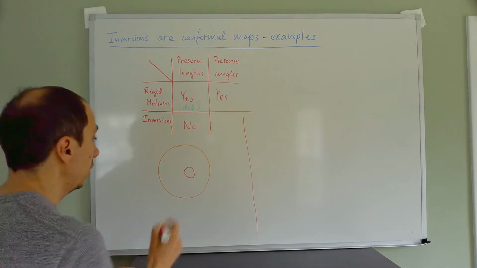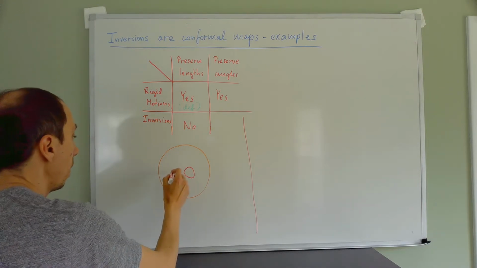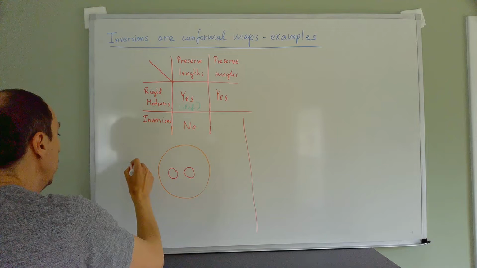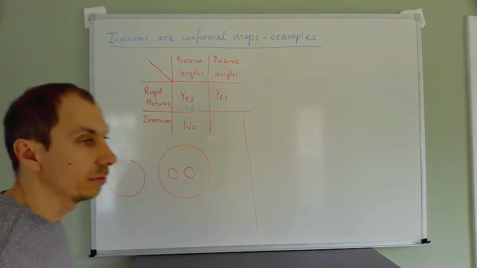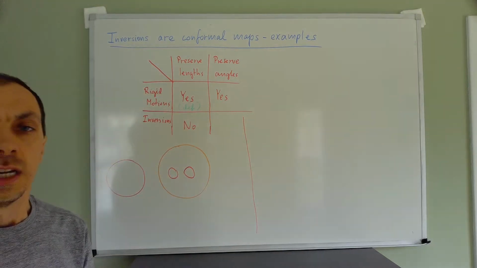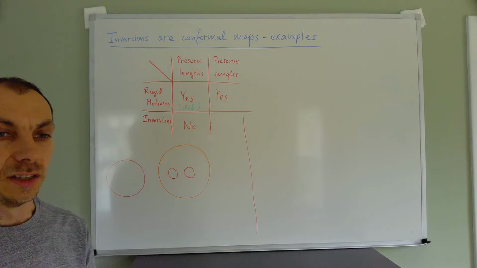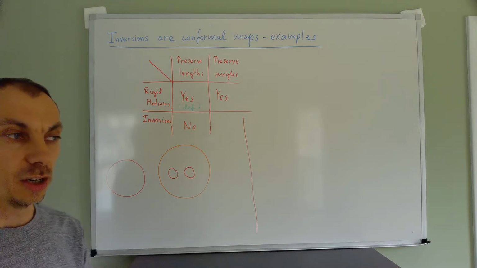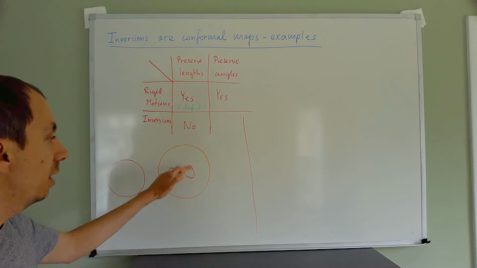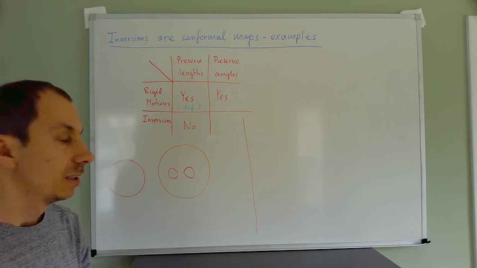They can also take a circle that does not go through the origin and then make a bigger circle out of it. So definitely inversions do not behave nicely with respect to shapes. They stretch things, they contract things. They can even stretch a finite circle into an infinite length object like the line.